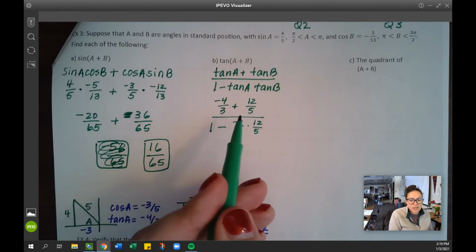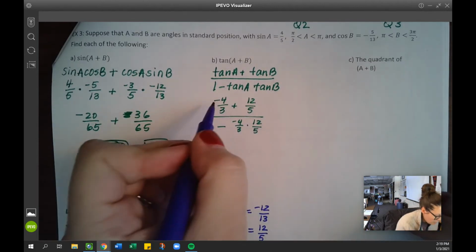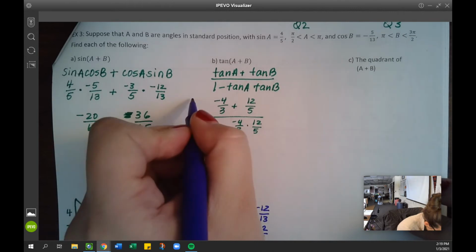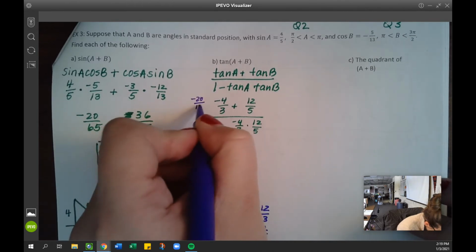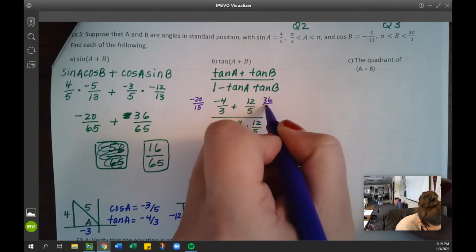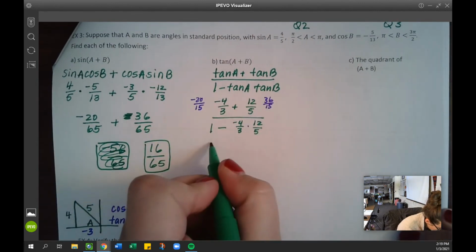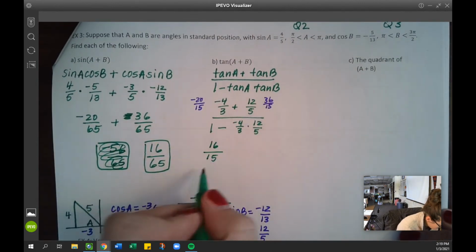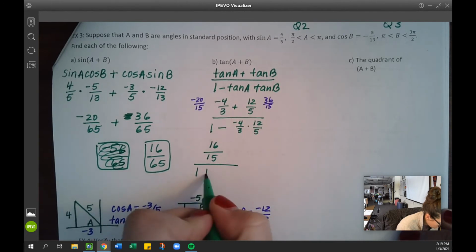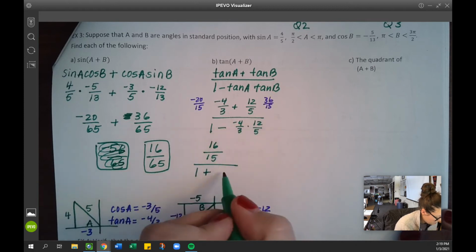Common denominator for 3 and 5 is going to be 15. So multiply that by 5 over 5, that's going to give me -20 over 15. 3 over 3, that's going to give me 36 over 15. So now I can add those together. On the top, that gives me 16 over 15, over 1 plus, because a negative minus a negative, 48 over 15.